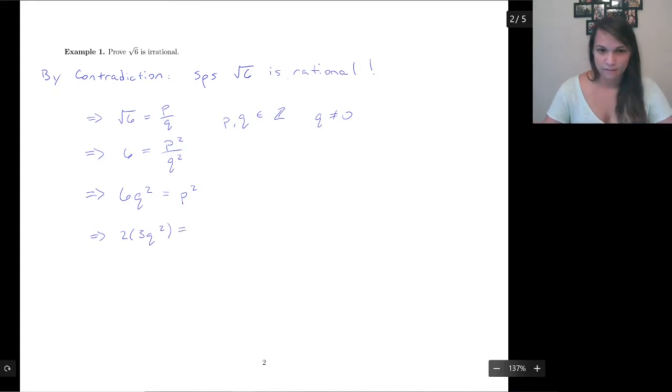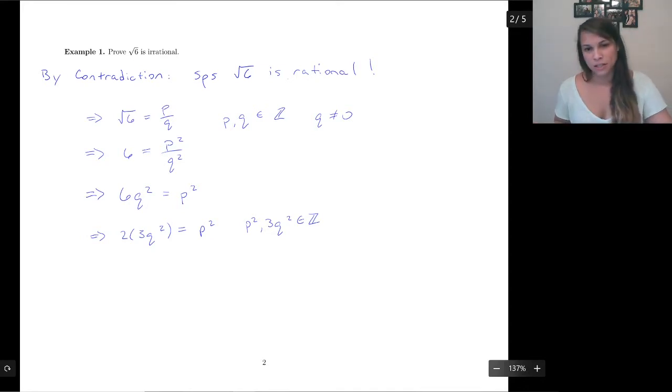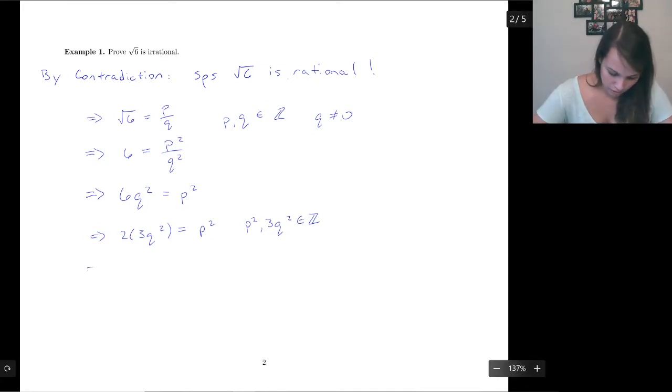Now the left side fits the format of, what is it? Even. We will acknowledge that this is an integer. And then while we're at it, we'll acknowledge that p squared is an integer too. So then we can say that p squared is even. And then from your worksheet last time, that means we get to conclude that p is even.